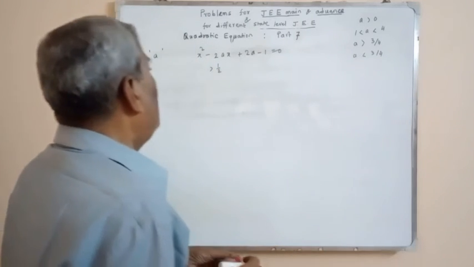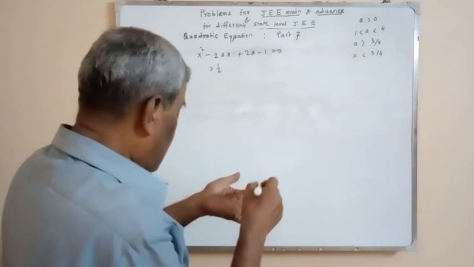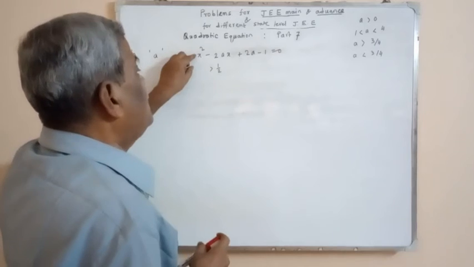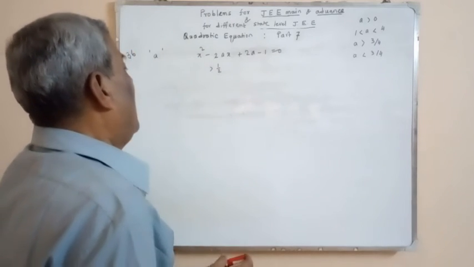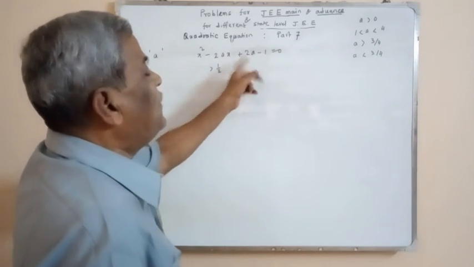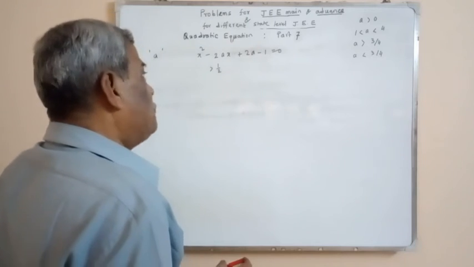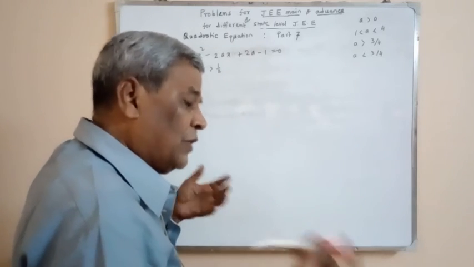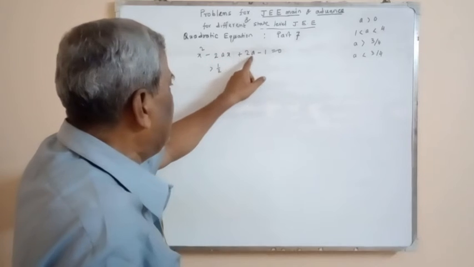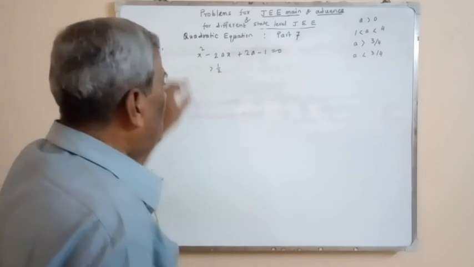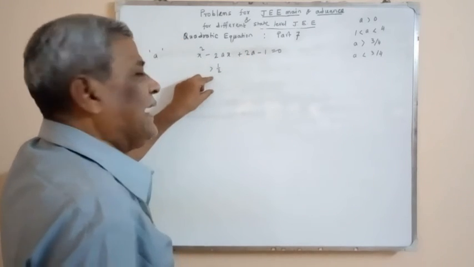Now, the meaning of that problem is that one quadratic equation is given. Here, a is one unknown quantity. We have to find the range of values of a so that both roots of that are greater than half.